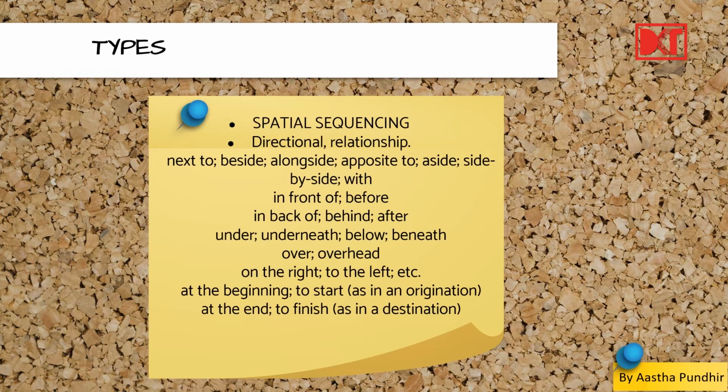Another one we have is spatial sequencing. This talks about a certain directional or relationship order.